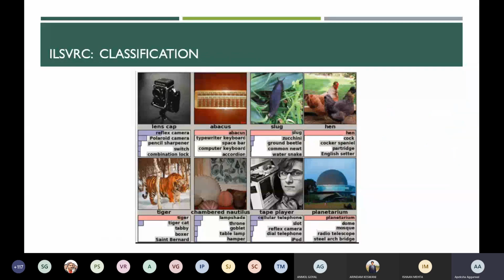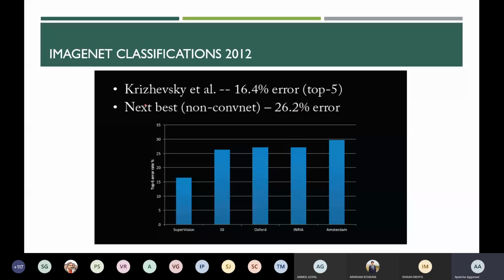So what is there in this dataset? All the images are tagged with text for each and every word. It is an extremely large and useful database. I'm showing you just previous results.